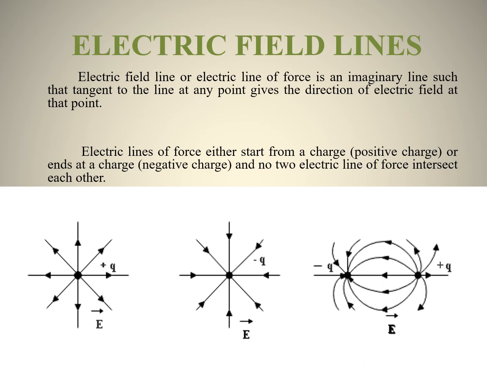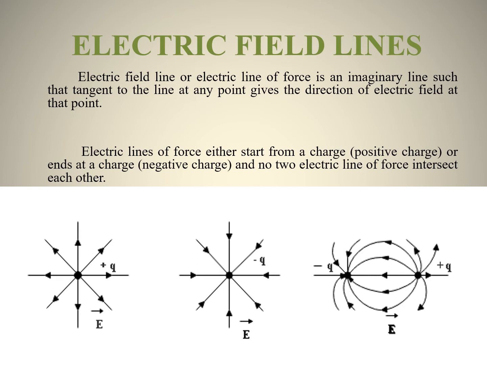Now let us come to the idea of electric field lines. An electric field line or electric line of force is an imaginary line, so that if you draw one tangent to the line at any point, that will give the direction of electric field at that particular point.